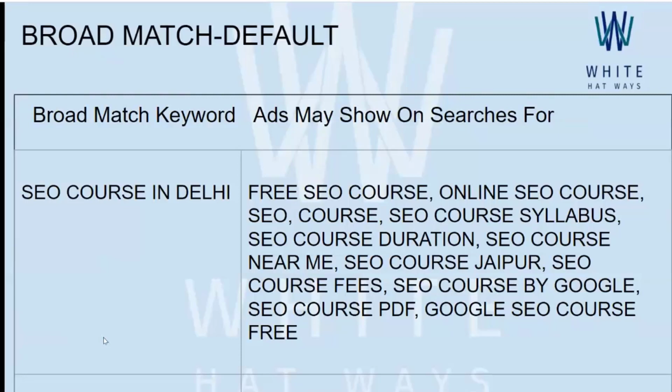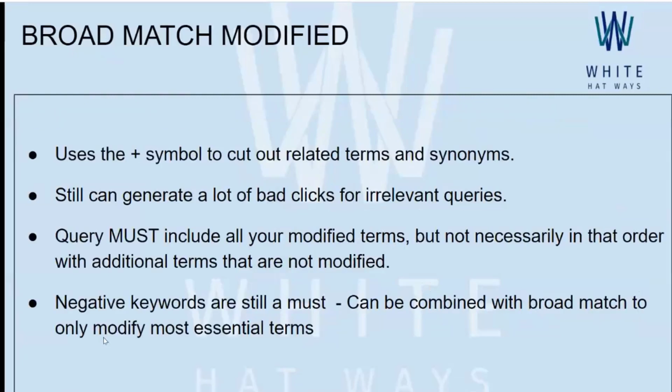So all such irrelevant queries, somebody who's asking for SEO course PDF is getting to see your ad, somebody asking for SEO course syllabus is getting to see your ad, is not what actually you want. You want to only come in front of those people who have an intention to buy your SEO course, and that too in only Delhi and nowhere else. Right. So let's move on to the next slide.